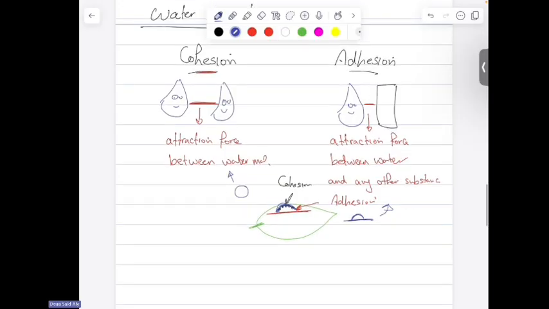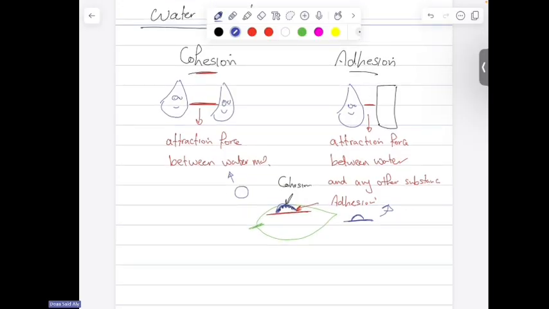Okay? طيب, look here. Let's imagine there is a lake. This is the lake, and here is the surface of the water. This surface of the water is made up of water molecules. These water molecules are arranged this way and they stick to each other because of this cohesion.